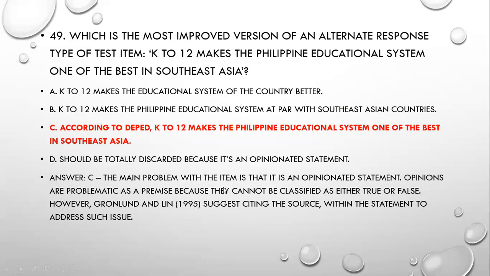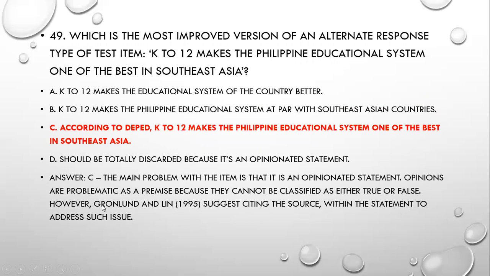Number 49. Which is the most improved version of an alternate response type of test item? K-12 makes the Philippine educational system one of the best in Southeast Asia. The main problem with this item is that it is an opinionated statement. Opinions are problematic as a premise because they cannot be classified as either true or false.